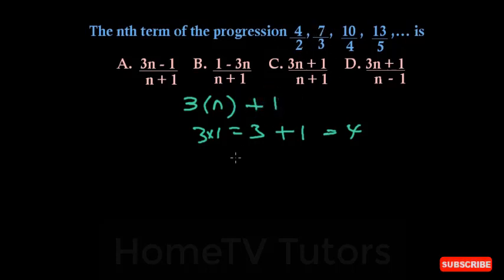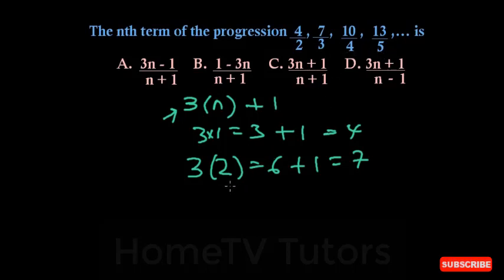Let's try it for the second term. When we have the second term, 3 times 2 gives us 6, plus 1, which gives us 7. So you can see there is this progression of 3n plus 1 for the numerators. Then for the denominators, we notice that there is an increment of 1.